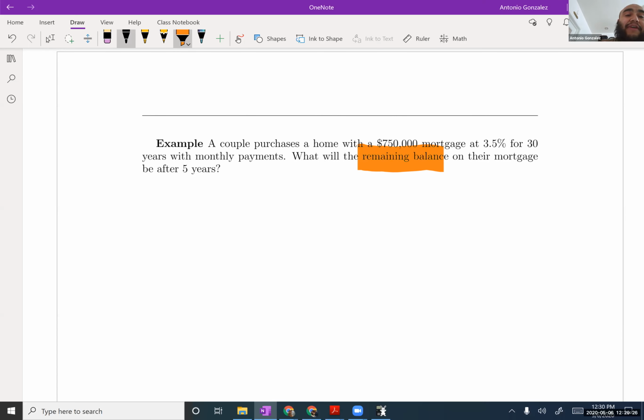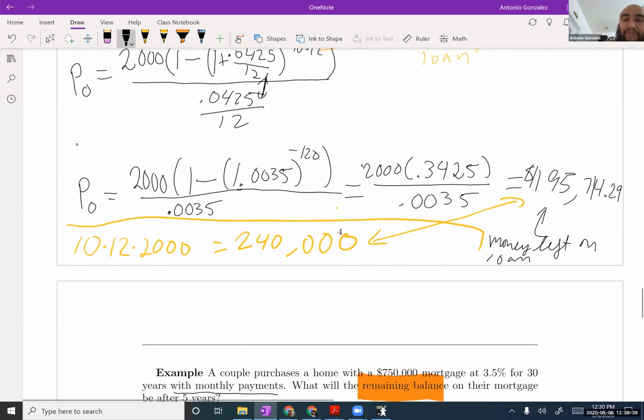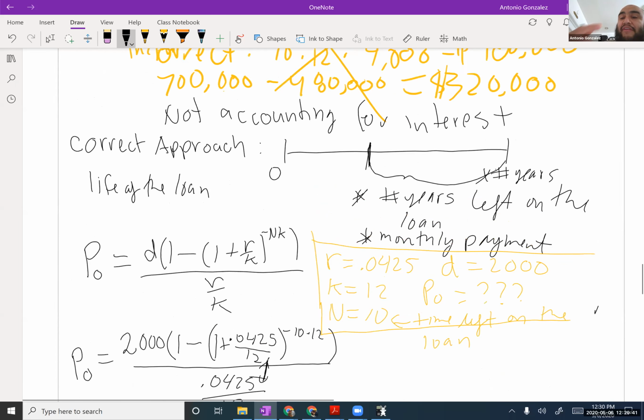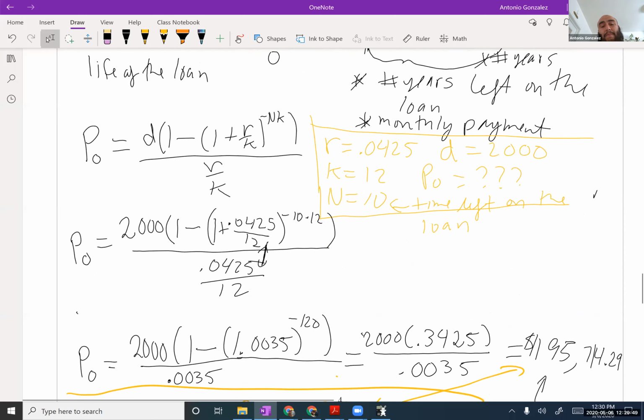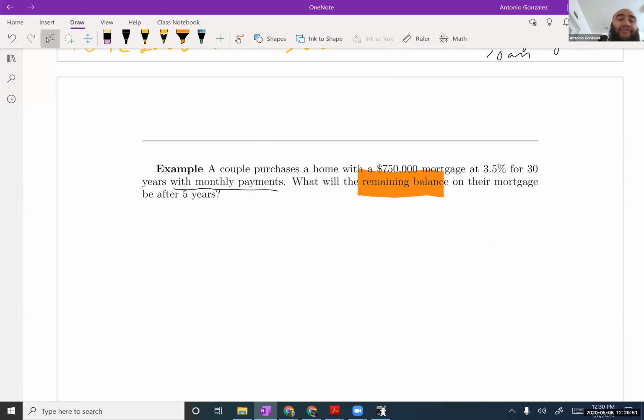Now, what is different here than the previous one is they just simply state monthly payments. So I don't know what those monthly payments are. And as I mentioned above, what are the two important pieces of information to redo this calculation? The number of years left on the loan and the monthly payment. Well, I need to do this in 2 steps.